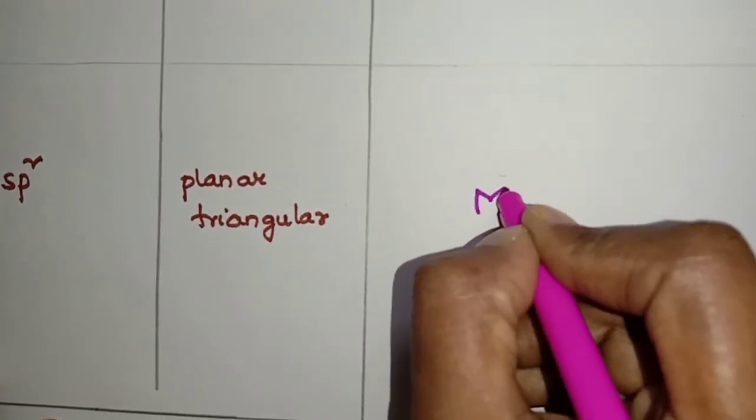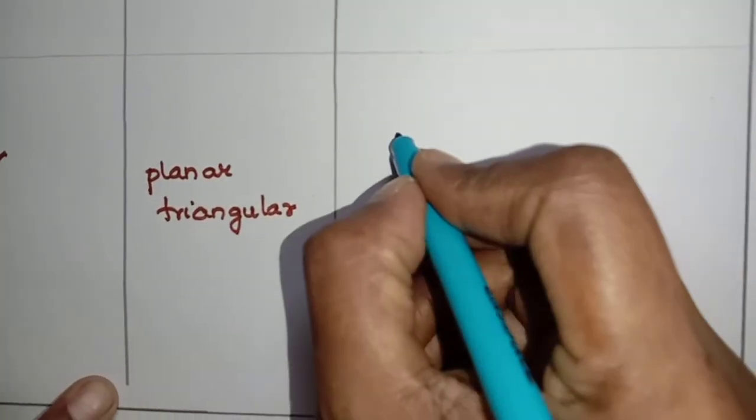This is the central metal atom. So, 3 ligands.